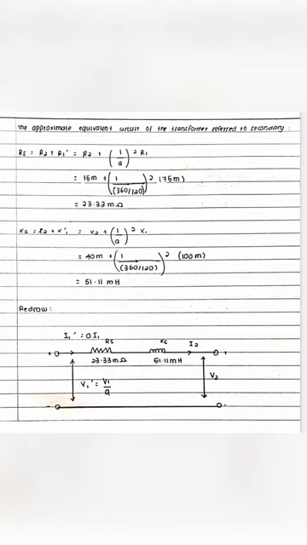Resistance secondary equals resistance 2 plus resistance prime 1, equals resistance 2 plus 1 over A square bracket multiply with resistance 1.